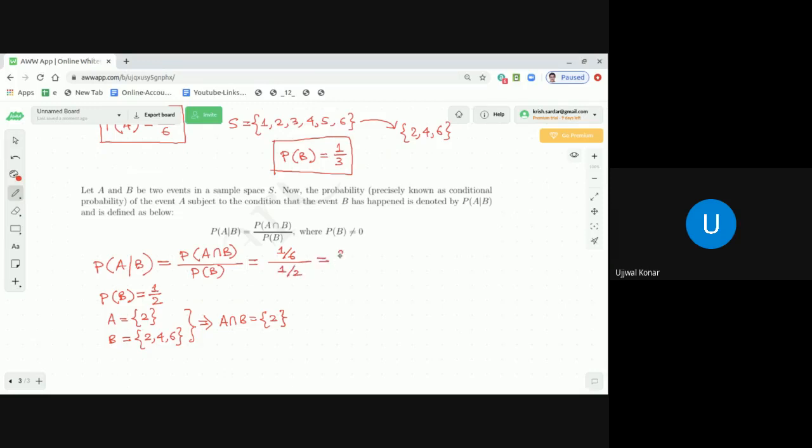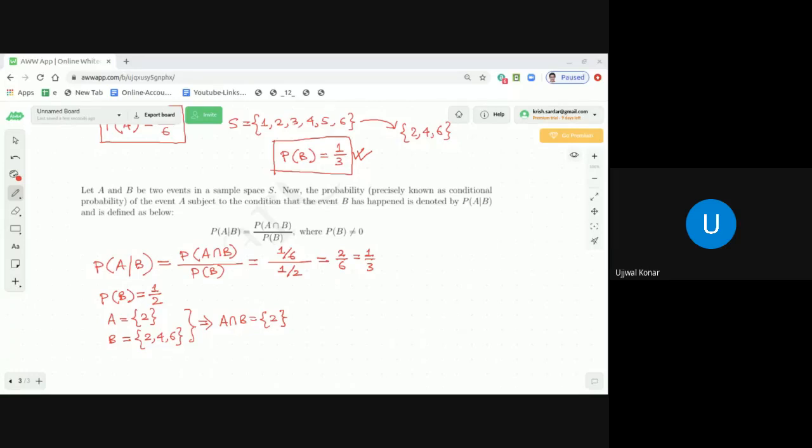That is equal to 2/6, which is nothing but 1/3. Exactly, 1/3. Earlier I just gave an example without the understanding of the formula: probability of A given B is equal to probability of A intersection B divided by probability of B, subject to the condition that probability of B is not equal to 0.